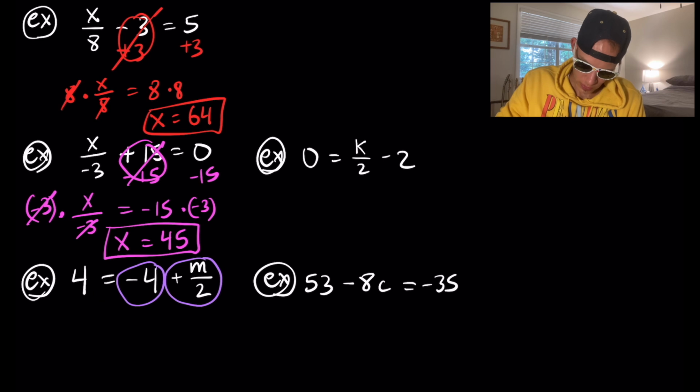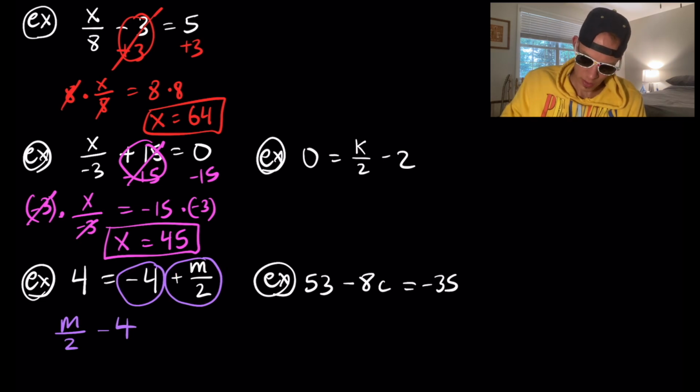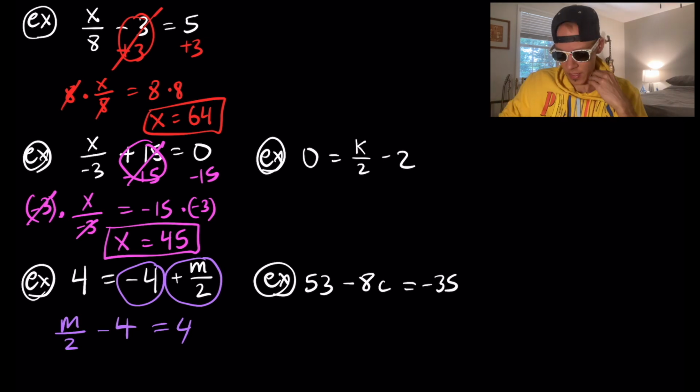So what this will look like is, let's write it like this, m over 2 and then minus 4. So I have a positive m over 2 and then a negative 4, and then equals 4. So we just swapped both sides of the equal sign. Now it looks like the other ones.